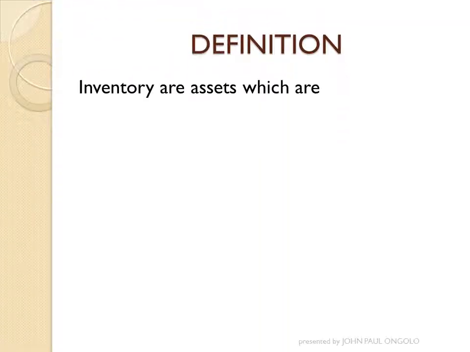So let us start by defining or classifying inventory or stock. It is important to know that inventory or stock are assets, and as such they are recorded in the asset section of the balance sheet.